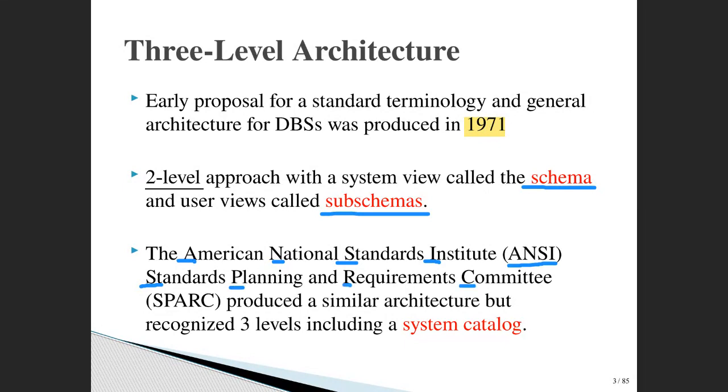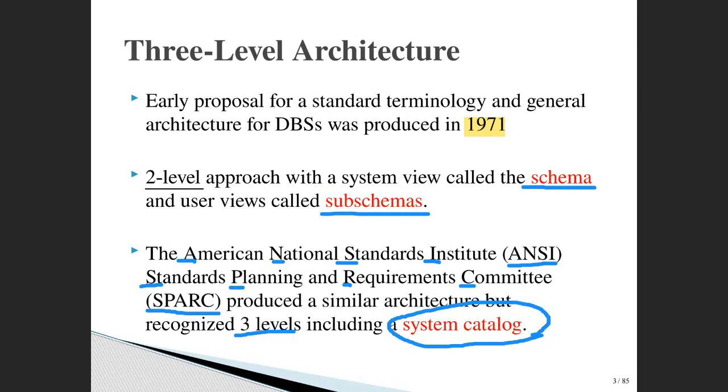So these two, institute and committee, ANSI-SPARC. They produced a similar architecture, but including 3 levels. All right, 3 levels considering the system catalog or description about the data. Because schema and subschema were very simple, representing the database and excluding any description about the data, or how it's being stored in the system.